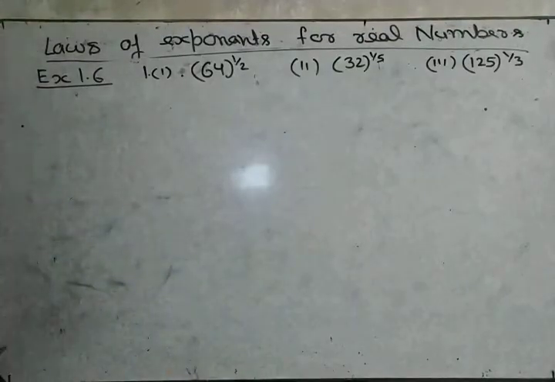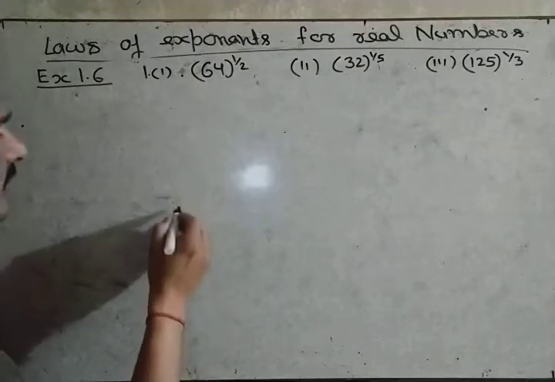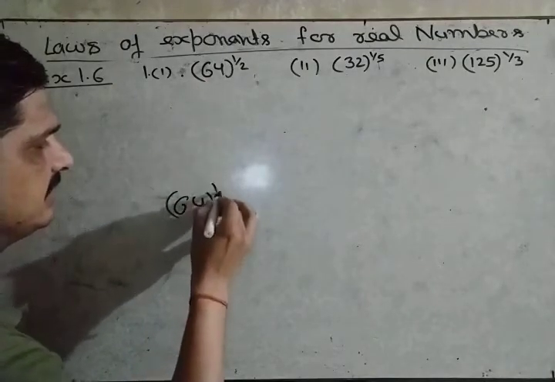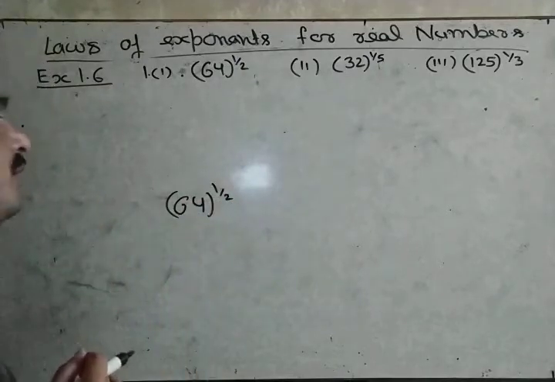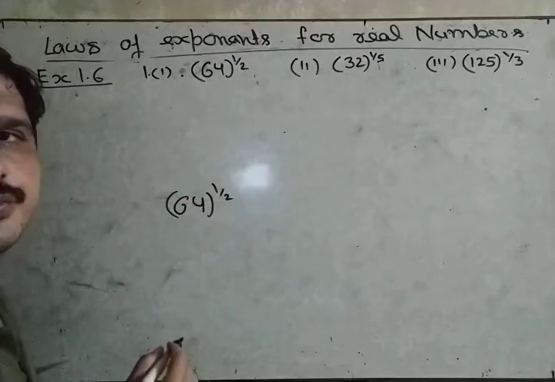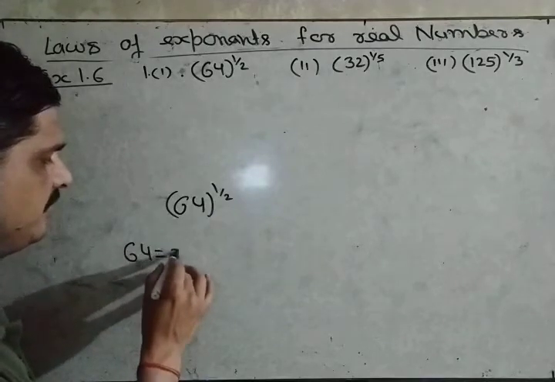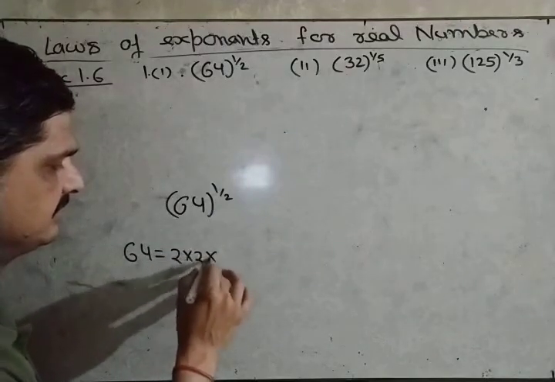So first question of your 1.6 exercise is this. You need to find the value of this. And if we understand, 64 is written as like this. Some of you can break 64 in terms of prime factors.